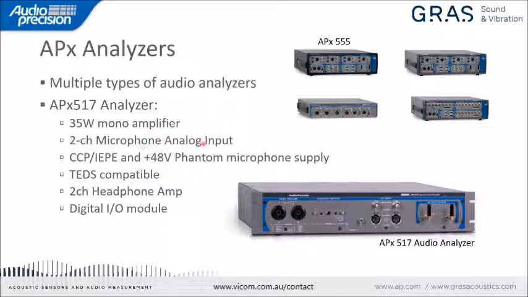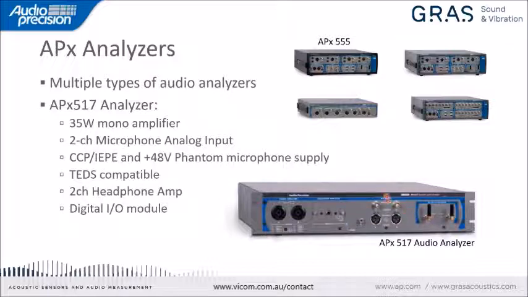Then we have 2-channel microphone analog input that we see over here. These analog inputs for microphone come equipped with power supplies. It could be CCP IEPE, but also plus 48 volt phantom power. So we can provide the supply for our measurement microphones without the need of having any other external equipment.